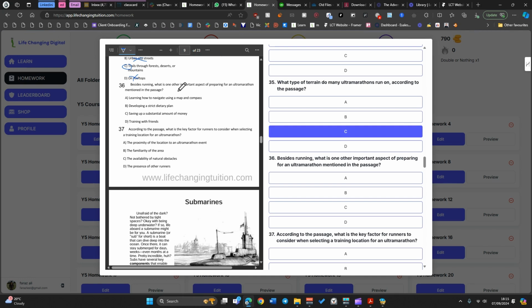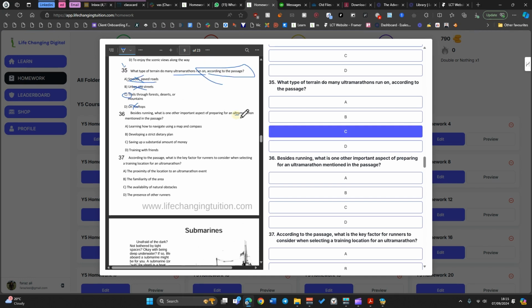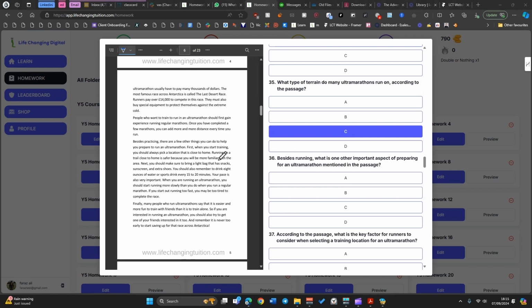Question 36. Besides running, what was one other important aspect of preparing for an ultramarathon in the passage? So over here it says running on a trail close to home is safer because you'll be more familiar with the area. And also there's a few things that it says: snacks, sunscreen, extra shoes, drinking enough water, and your pace.